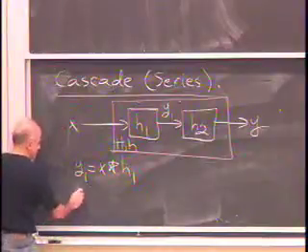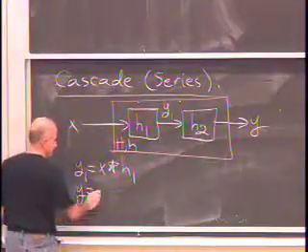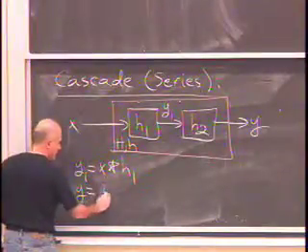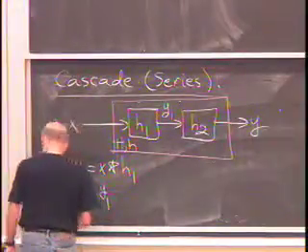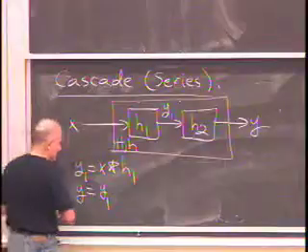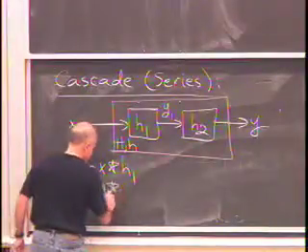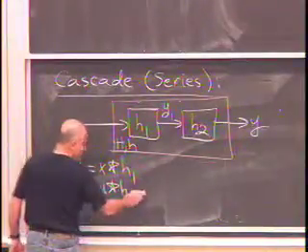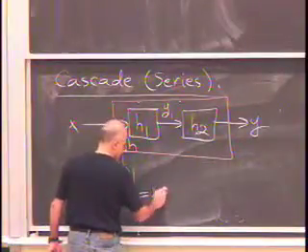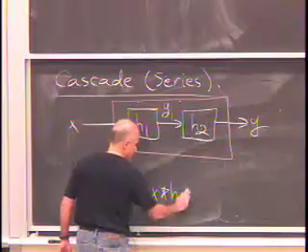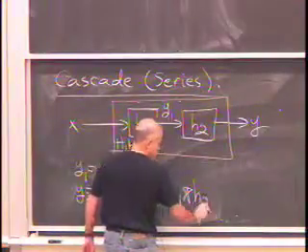And then Y is what? Well, let's put it this way. Y1 star H2. But Y1 is X star H1, so it's X star H1 star H2.